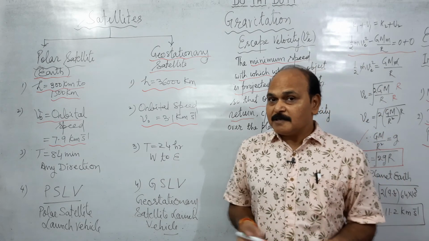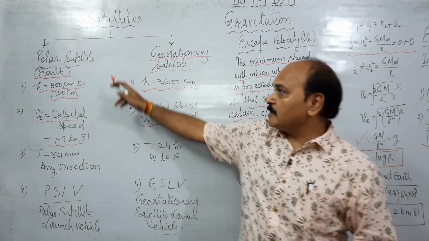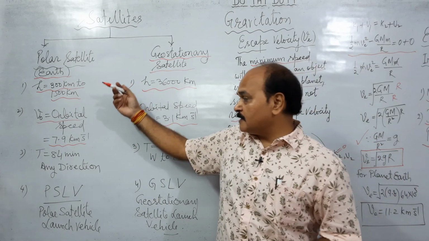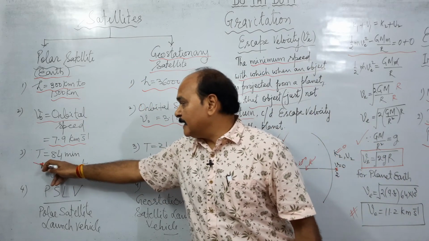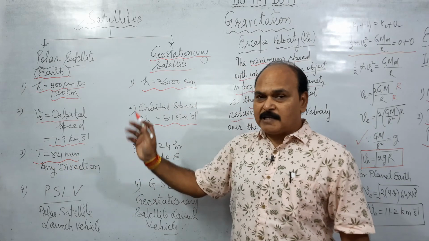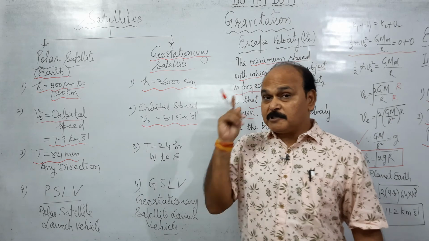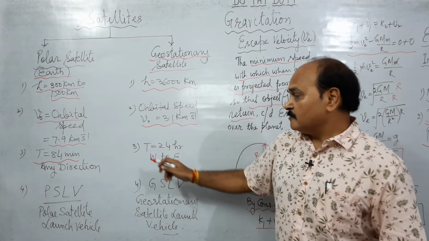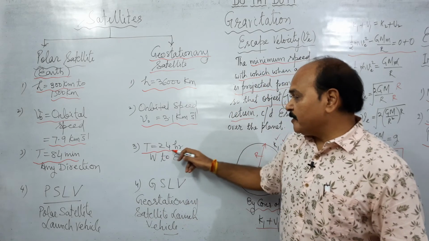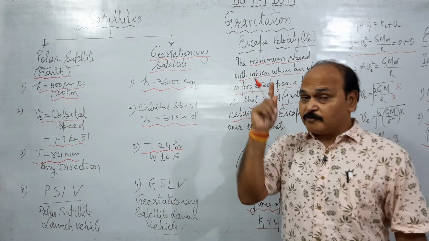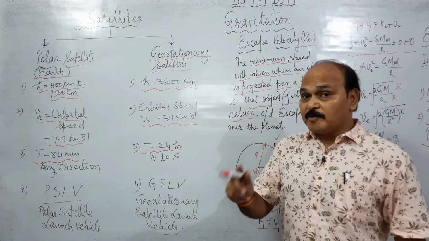The time period of revolution of polar satellites, which are very close to the Earth's surface, is nearly 84 minutes, and they may move in any direction. But geostationary satellites have a time period of exactly 24 hours, and they move from west to east.